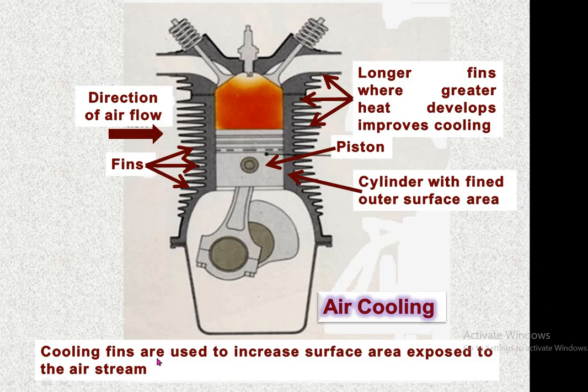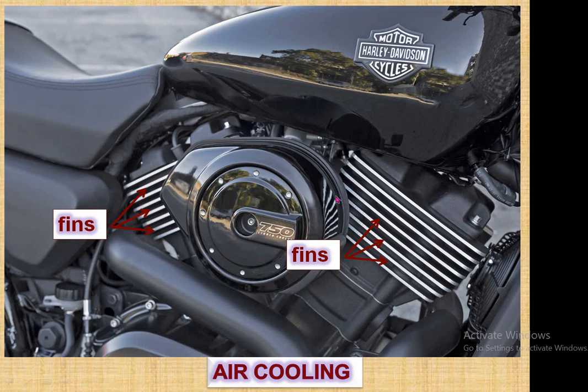So the cooling fins are used to increase the surface area exposed to the air. See, in our two-wheeler, generally in the bike, you have seen such fins employed for efficient cooling, to increase the surface area of the cylinder for efficient removal of the excess heat from the system.